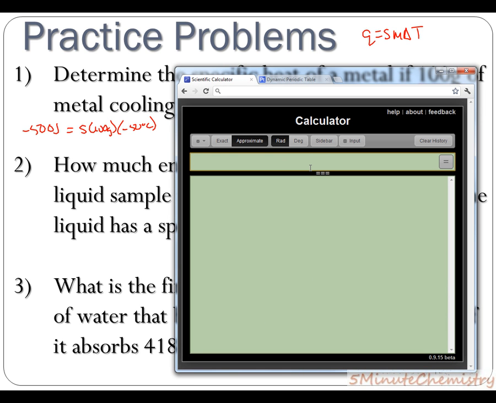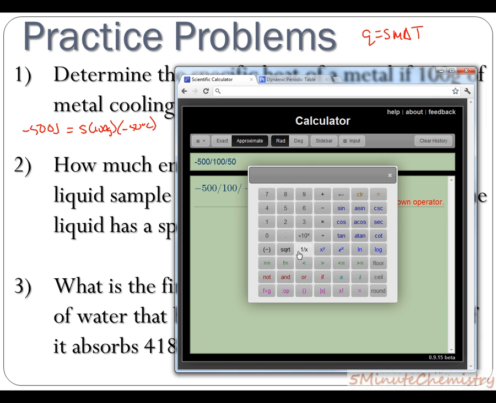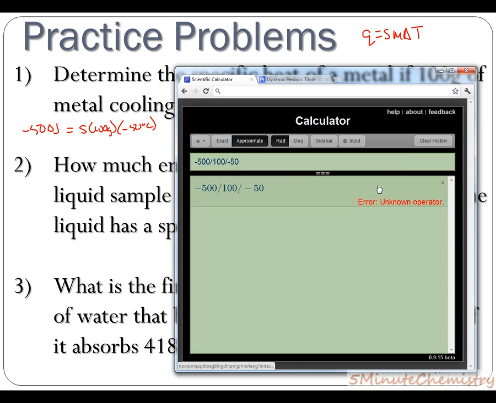So we have negative 500. I'm going to have to divide away the 100 and also divide the negative 50. And we can't do a minus operator. Okay, instead, here's how this is going to work.